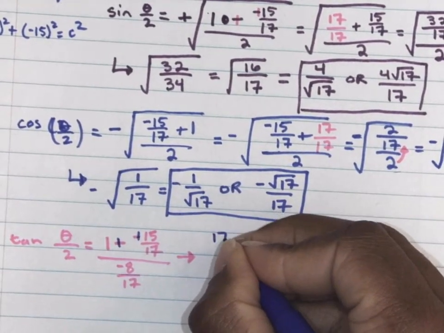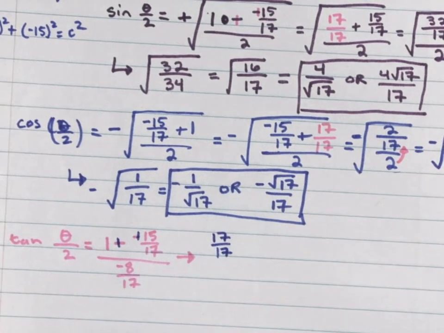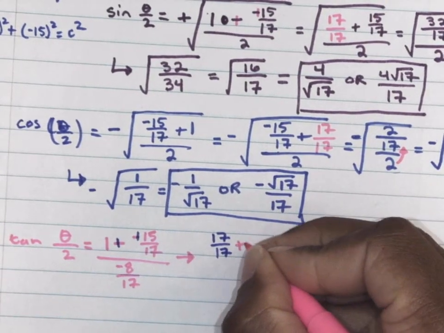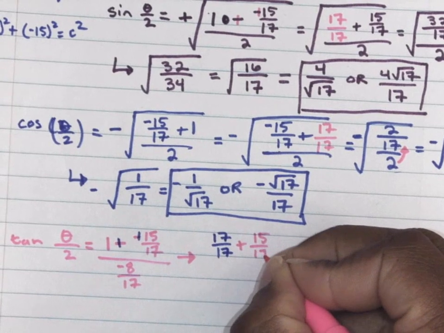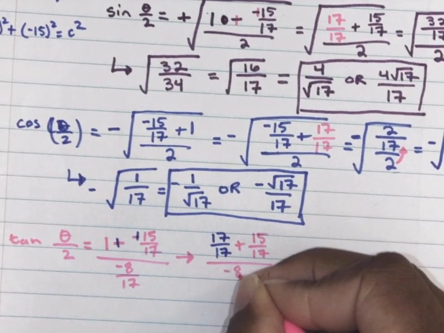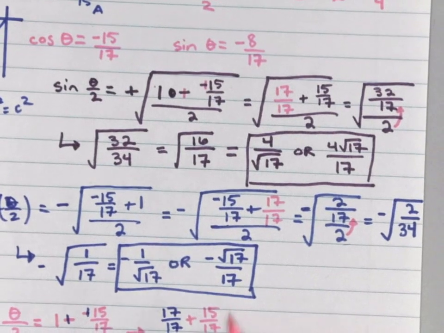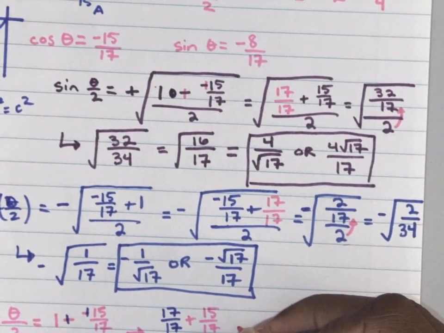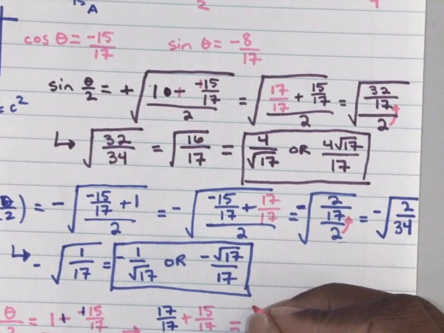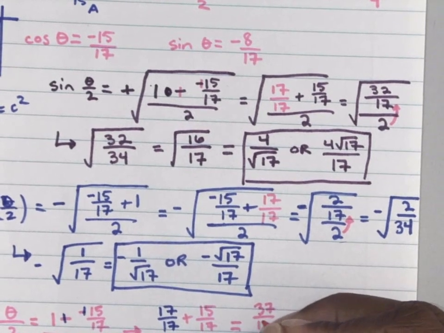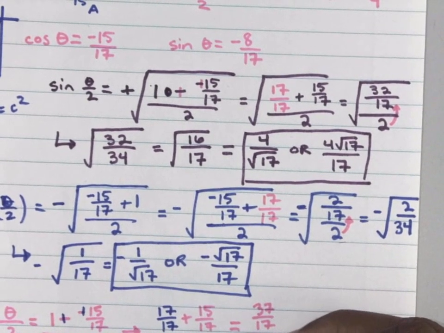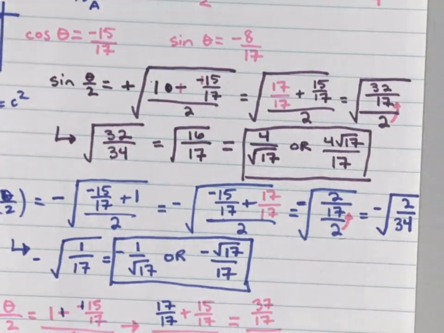So I'll rewrite 1 as 17 over 17 plus 15 over 17 divided by negative 8 over 17. We've done this before. 15 and 17 make 32 over 17 divided by negative 8 over 17.